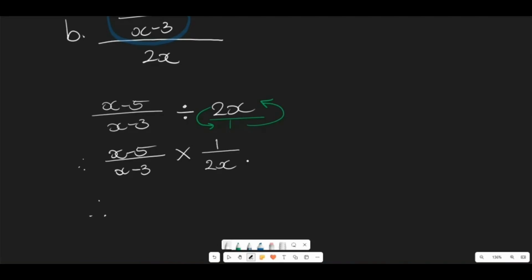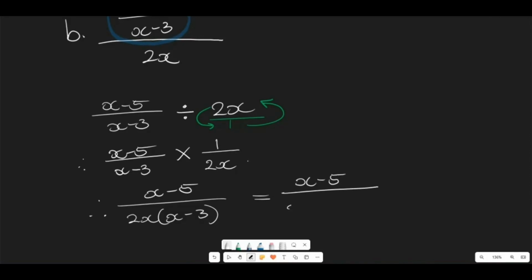And then therefore, I have x minus 5 divided by 2x multiplied by x minus 3. And then my final answer would be x minus 5 divided by 2x squared minus 6x. And that would be the final answer.